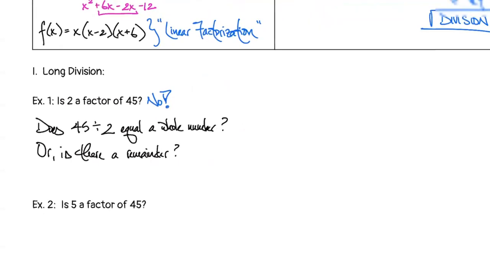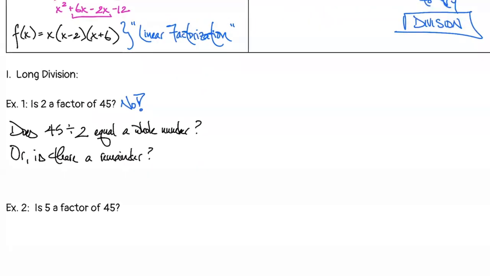Okay. And so let's just sort of review this idea of long division over here. So if I wanted to say 45 divided by 2, I would make this little symbol, which hopefully we've seen. What number goes underneath this little symbol?